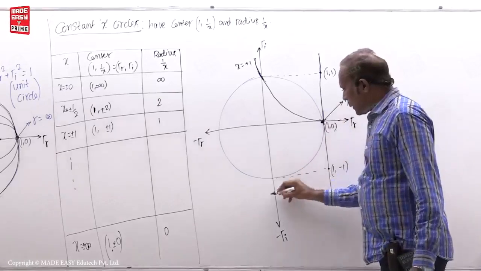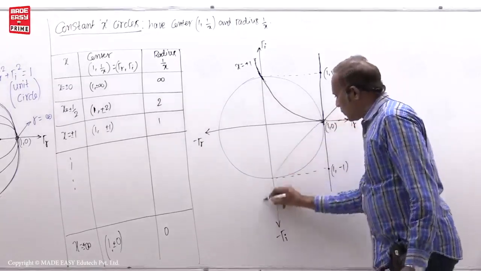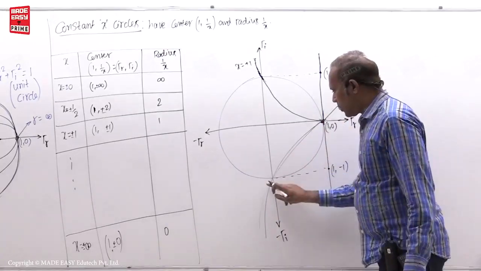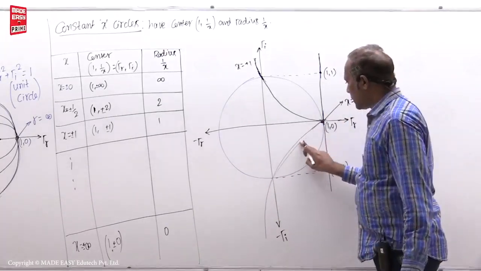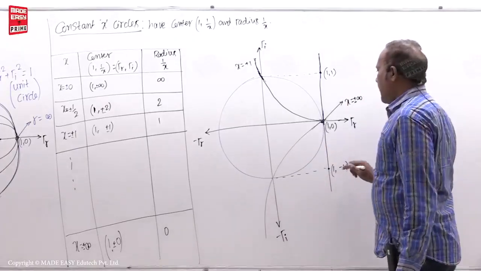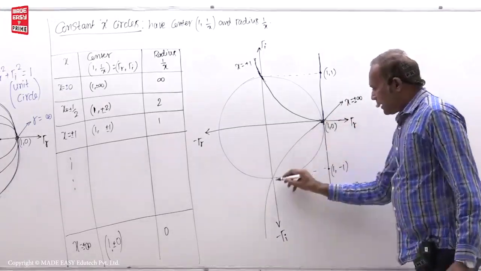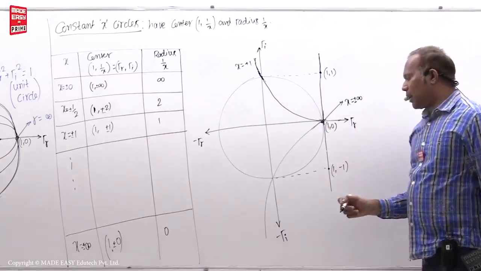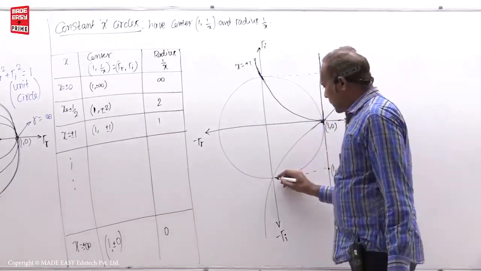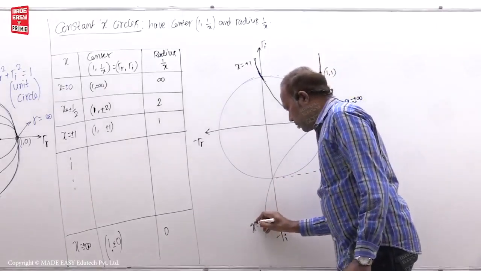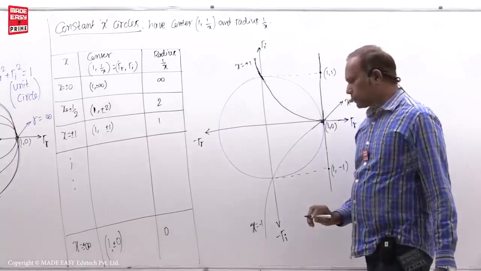So the downside it goes like this, and it goes through this. If you want to bend it you can bend it, no problem, it should give the feeling of a circle. So this is that line, and it will be going like this, students. But outside the unit circle, whatever shape, we are not bothered. So this is the x equal to minus 1 circle.